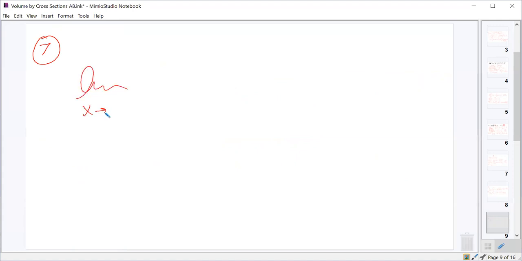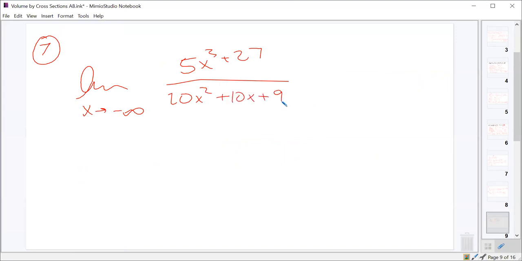Number 7 is the limit as x approaches negative infinity of 5x cubed plus 27 over 20x squared plus 10x plus 9.